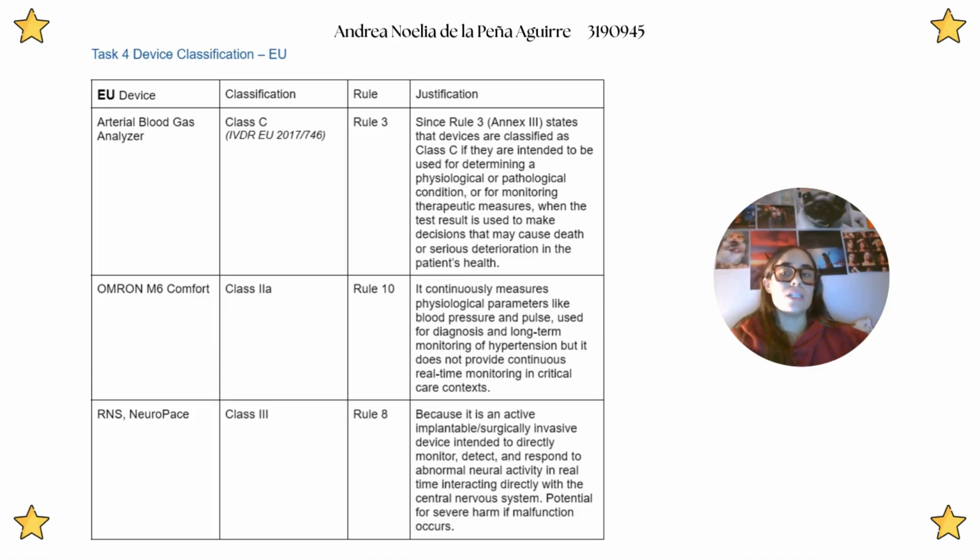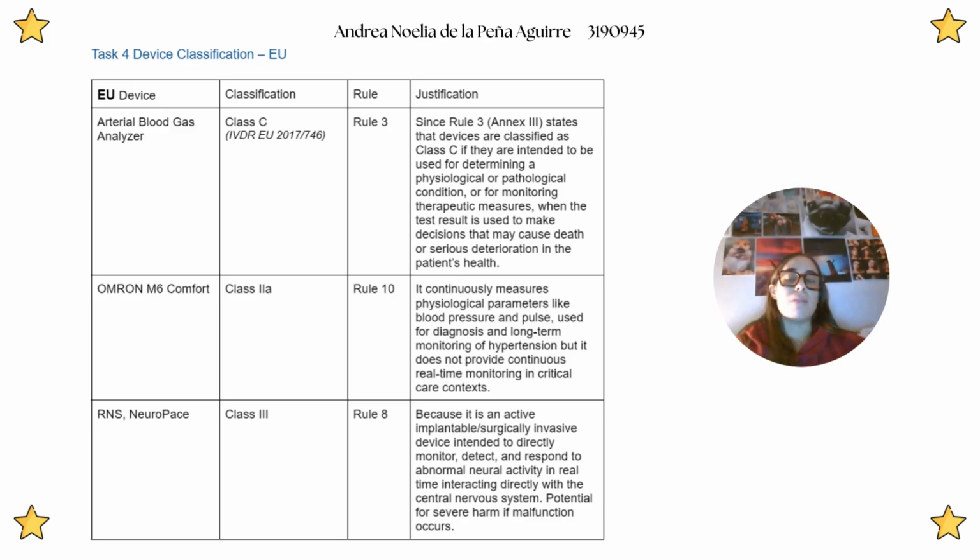According to EU regulations 2017/745 and 2017/746, the ABG analyzer is Class C under IVDR Rule number 3, as its results can influence life-critical clinical decisions. The Omron M6 Comfort is Class 2A under MDR Rule number 10 because it measures physiological parameters for long-term monitoring.